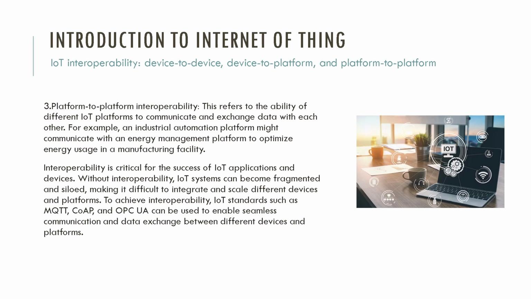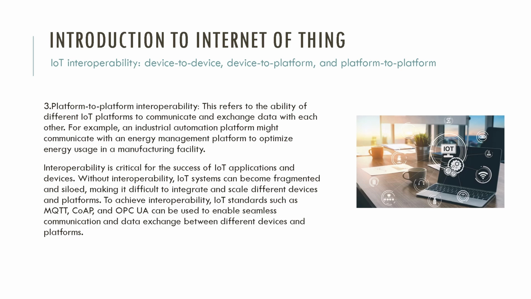This refers to the ability of different IoT platforms to communicate and exchange data with each other. For example, an industrial automation platform might communicate with an energy management platform to optimize energy usage in a manufacturing facility.